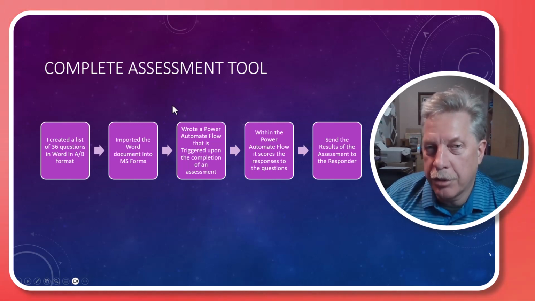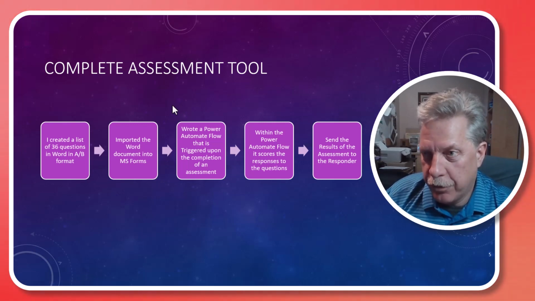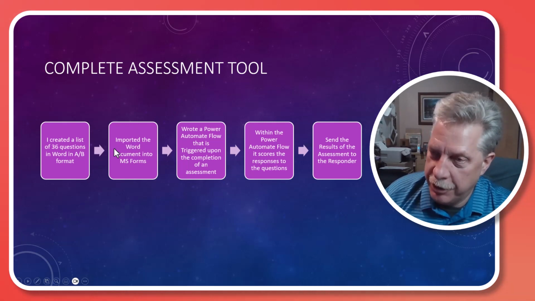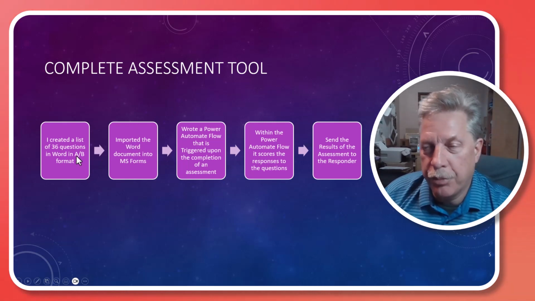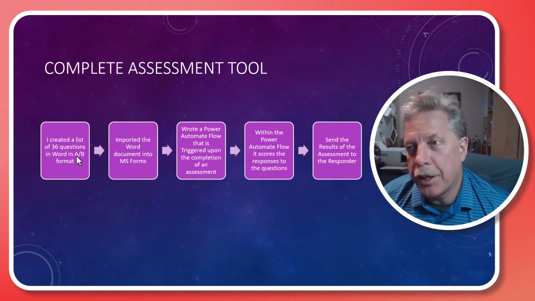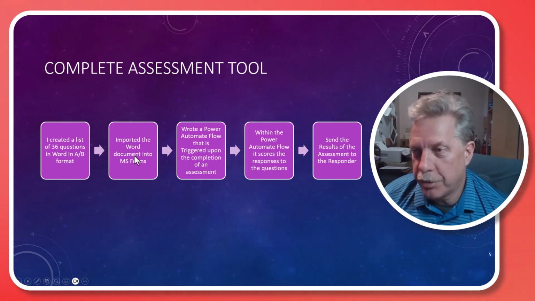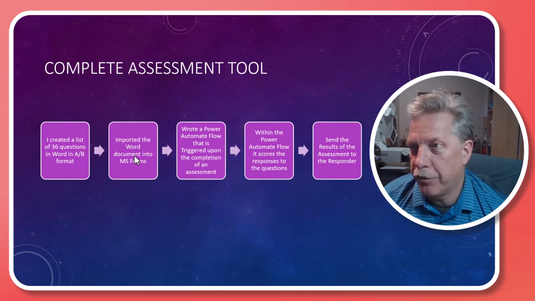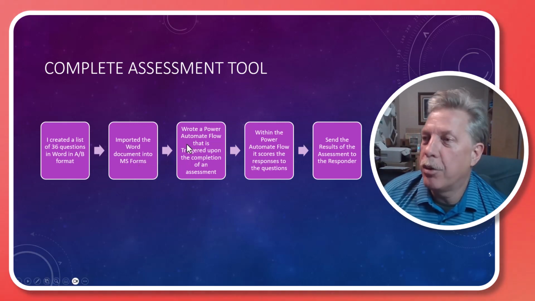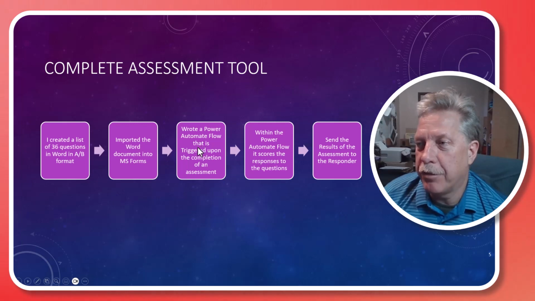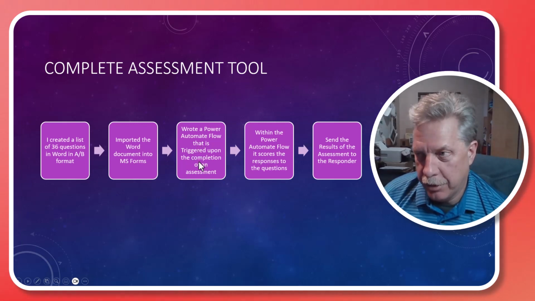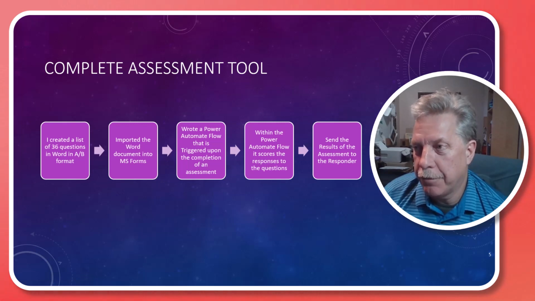This particular assessment for communication style has 36 different questions. I put those 36 questions in a Word document. I then imported that Word document into MS Forms, and it created the MS form for the communication style assessment. Then I wrote a corresponding Power Automate flow that will be triggered when the MS Forms survey is completed.